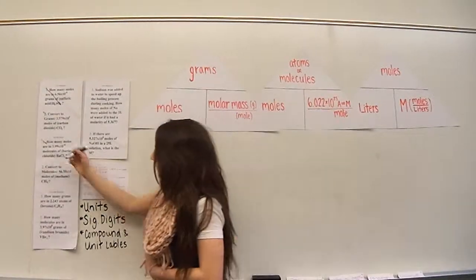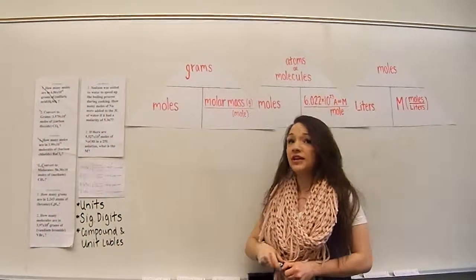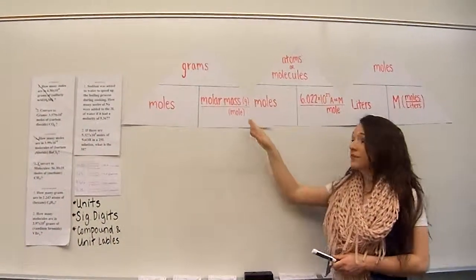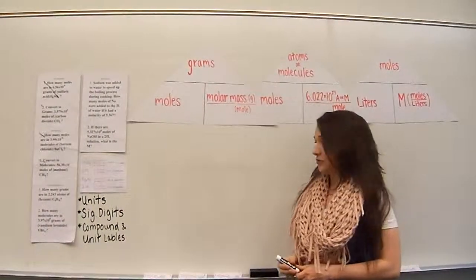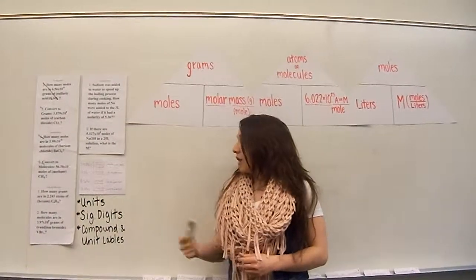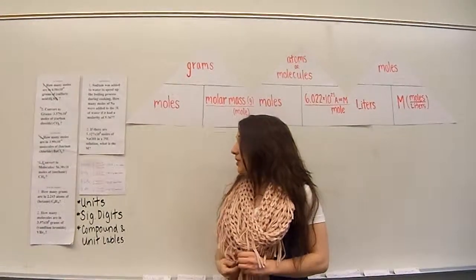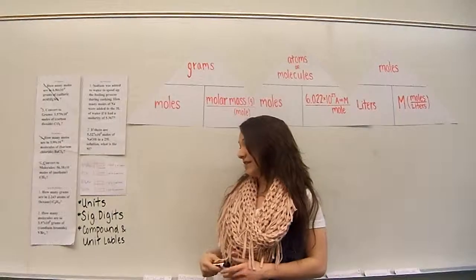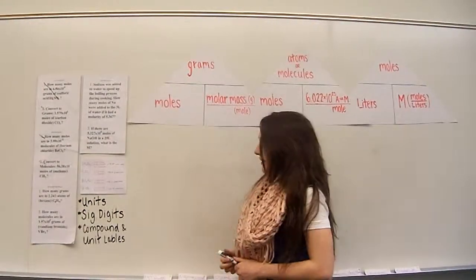This next problem is slightly different as well as a little more challenging because we will be using both the first and the second triangles interchangeably rather than individually. Our problem is how many grams are in 2.243 atoms of hexane, which is C6H14.